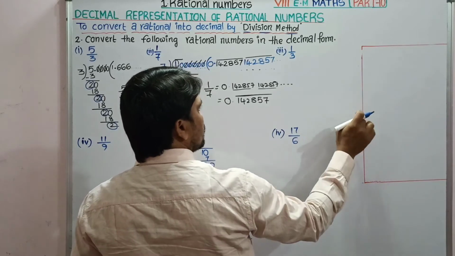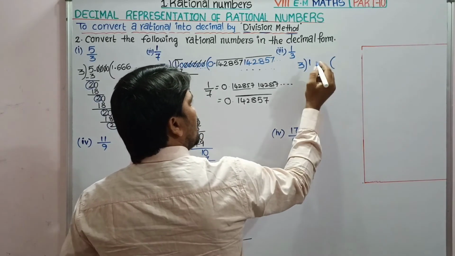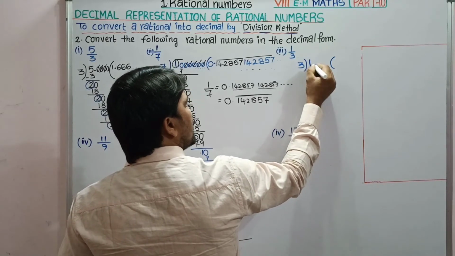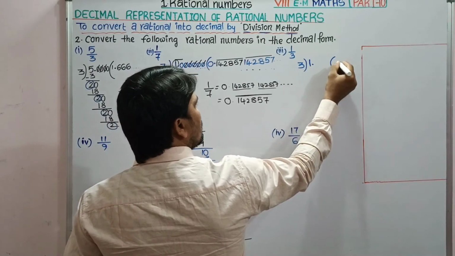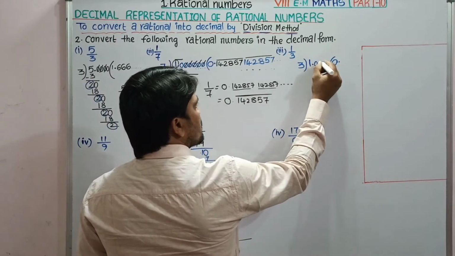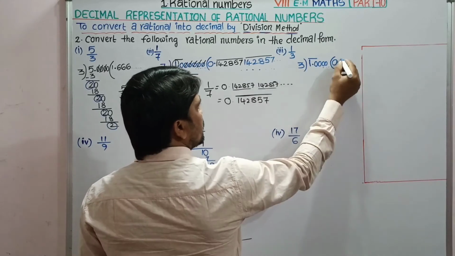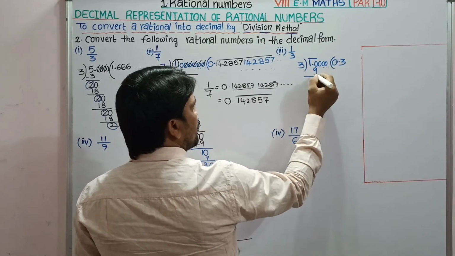Next, 1 by 3. We know that 1 is divided by 3. But 1 is less than 3. Put a decimal point here and a 0 in the quotient part. Write as many zeros as you wish in the dividend part. Now consider this as 10. 3 threes are 9. 10 minus 9 is 1.